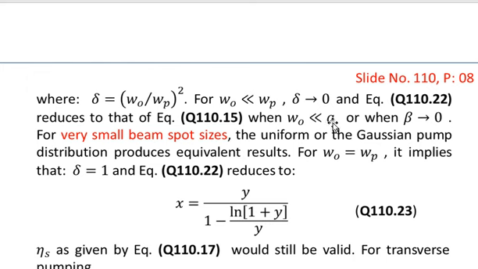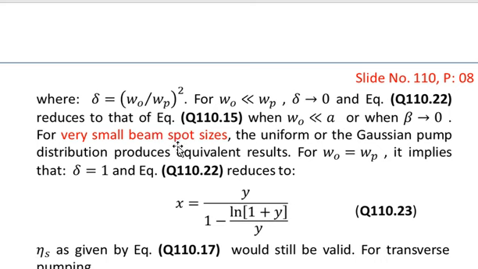This is fixed for the value of R equal to A, and under that condition you will see that beta is also equal to 0. And beta equal to 0 we have also established earlier. For very small beam spot sizes, the uniform or the Gaussian pump distributions produce equivalent results.